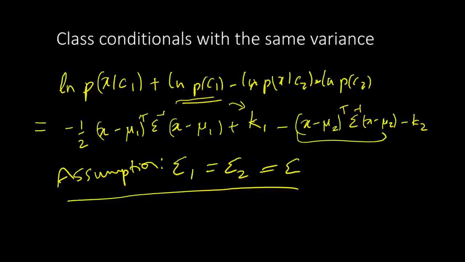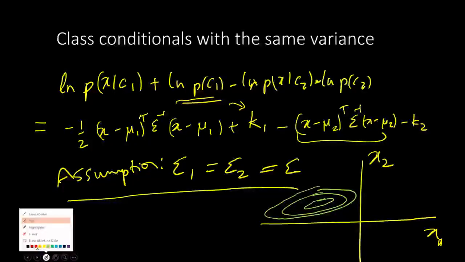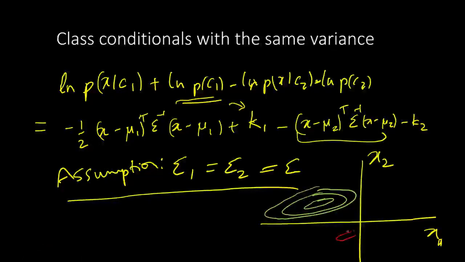So what this means is that if I draw the x1 x2 plane and draw the class conditionals, they can be of any shape, as long as they have the same shape for both classes and the same tilt for both classes.